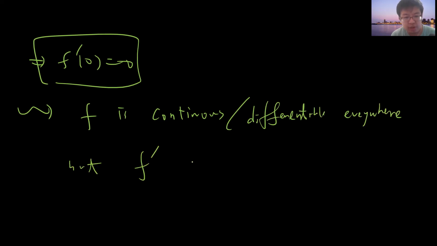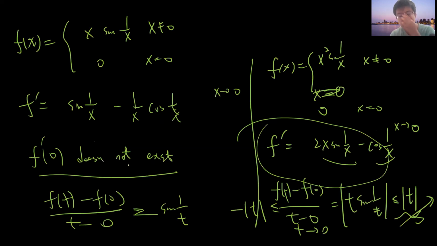But f prime is not continuous at x equals 0. So sometimes you cannot just take the derivative and let x approach 0, because f prime is not a continuous function. Taking f prime is fine for x non-zero, but as x approaches 0 this is not correct.